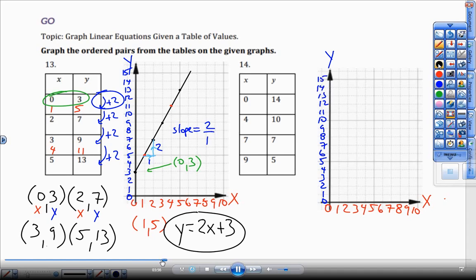Plot those points. So 0, 14, that is the y-intercept. 0 for x, up 14 for y. The point 4, 10. The point 7, 7. The point 9, 5.